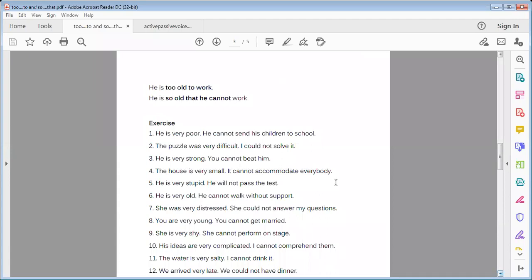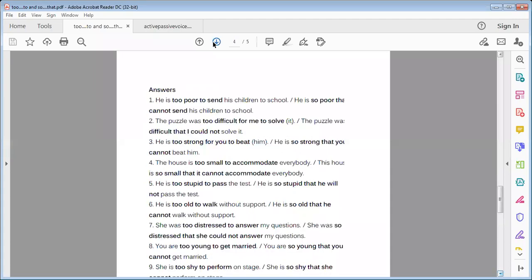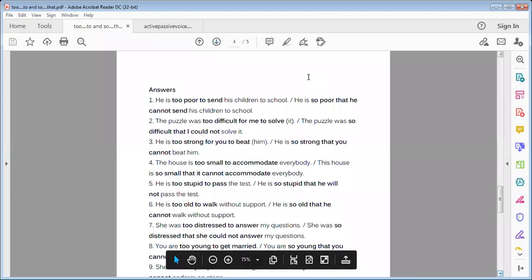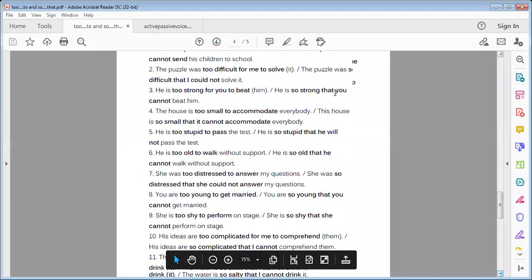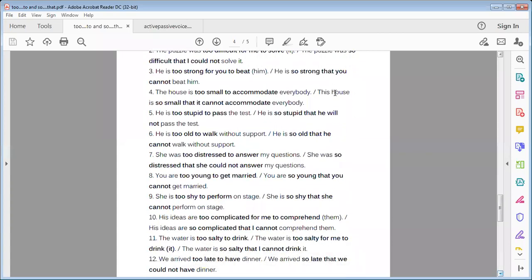Now see Pratiksha, how can you include for us if it is not there in the original sentence itself? We are not adding anything. Please remember this. You have to work with what is given to you. Don't add your own words. Don't subtract any words.